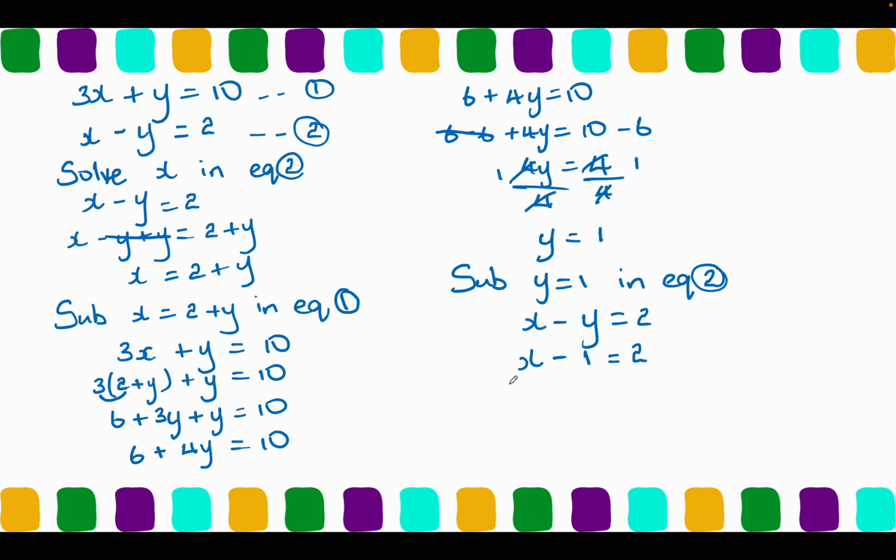So because the 1 is being subtracted, I'm going to do the opposite of it, or the reverse, which is to add 1 on both sides. Now minus 1 plus 1, that will be gone. In this case, x would be equal to 3. And you can check your answers to ensure that it solved the equations that we got here in the very beginning. Alright.